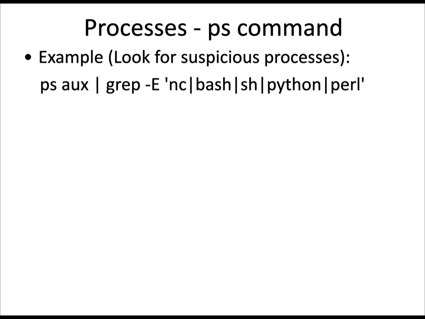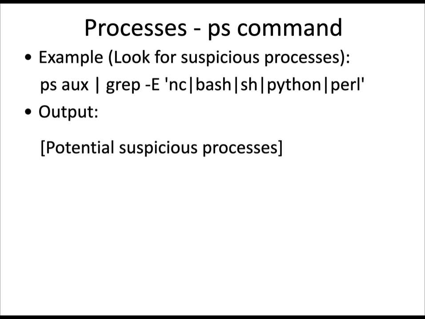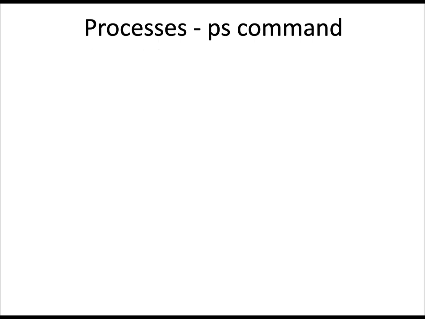These could be legitimate processes, but suspicious processes often run with one of these commands. The output would be a potential list of suspicious processes that you would then need to go through and look at and decide if they're legitimate or suspicious.